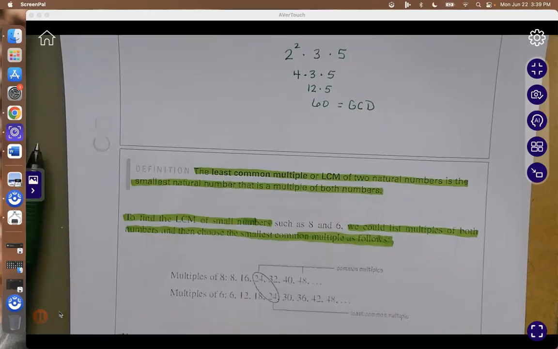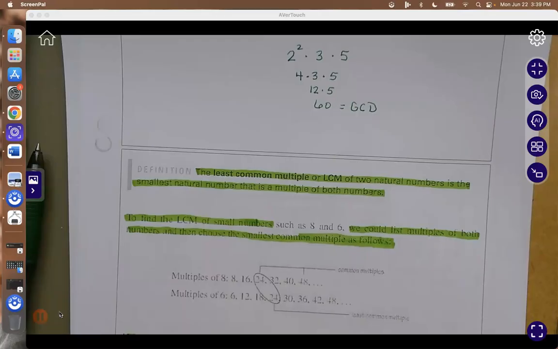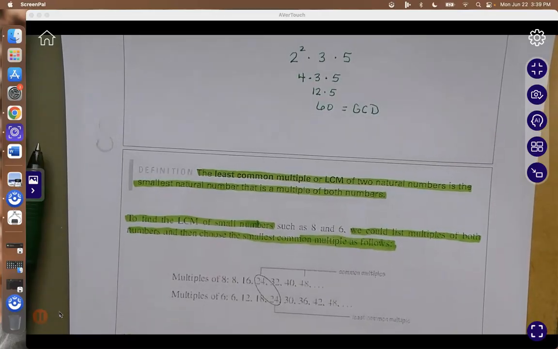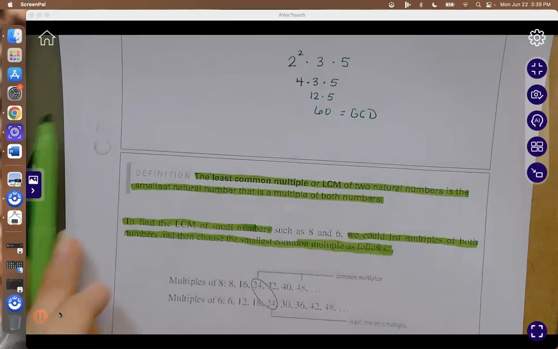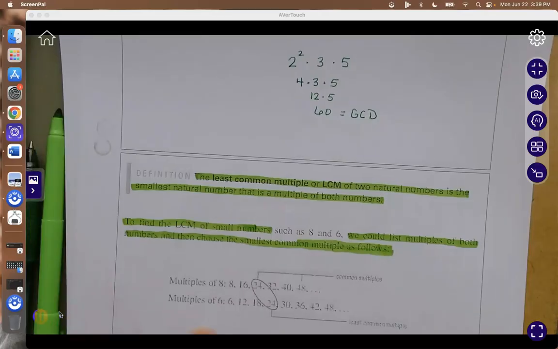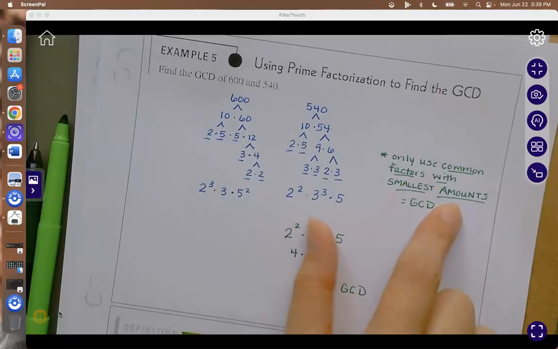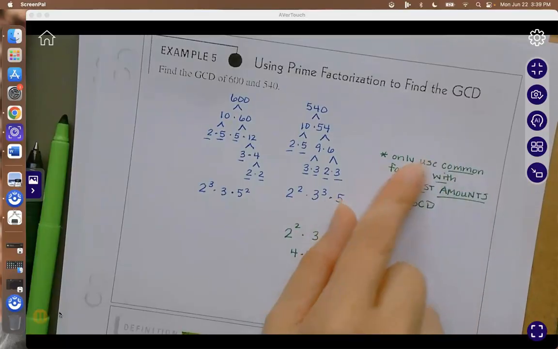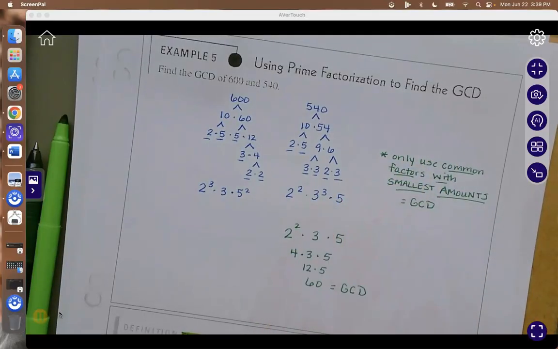However, for larger numbers, we can use prime factorization to find the LCM, similar to the way we did for GCD. But instead of using the common factors with the smallest amount, we're going to use every factor with the highest amount. Okay?